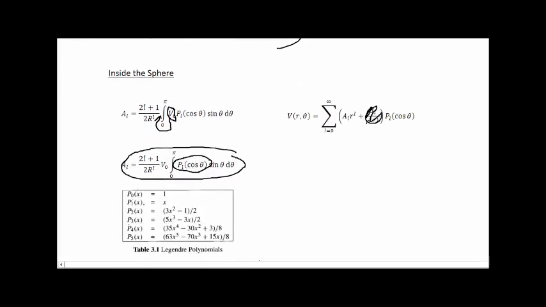Using this table, we can see that for P naught of x, you get a 1. So I'm just going to insert a P naught cosine theta right in here, since all I'm doing is multiplying by 1.